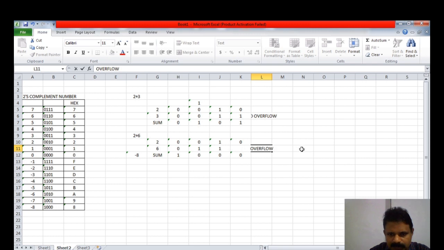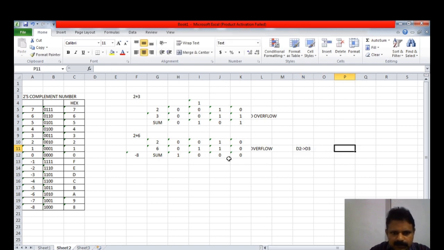That is, D3 is our MSB, and the MSB is our sign. Here you can see a carry flows from D2 to D3.